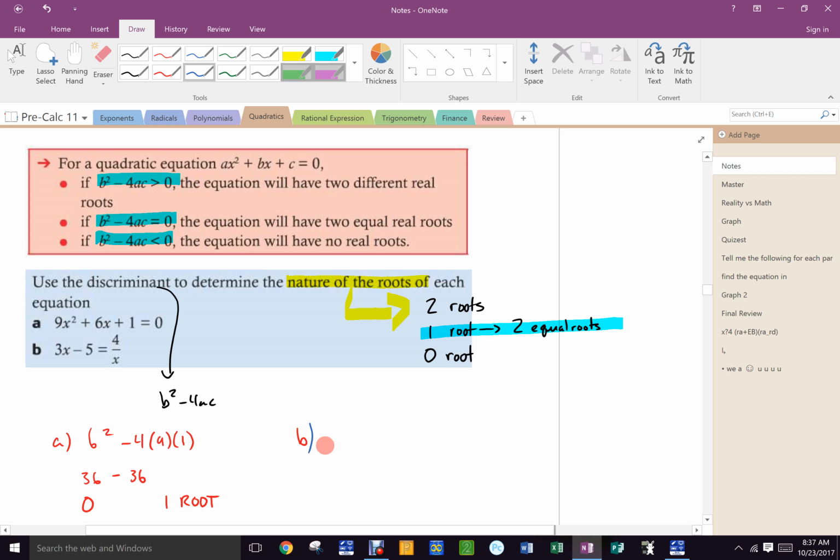B. What's weird about B? Look at it close. Is it a quadratic equation right now? And what about it don't you like? We'll start with that. If you don't know how to approach this, then answer my question.